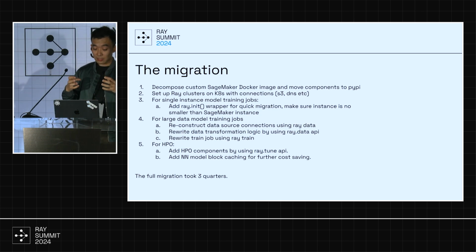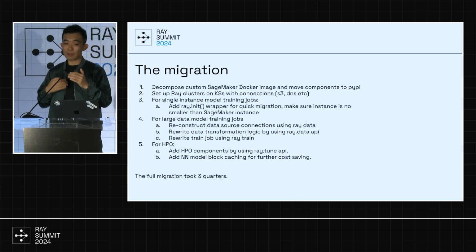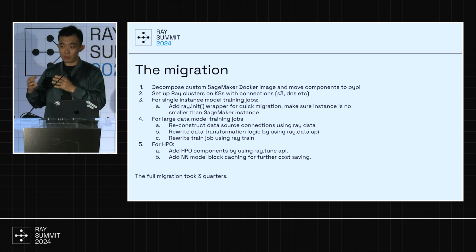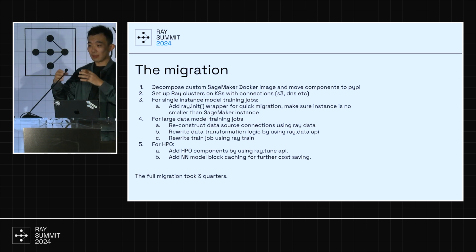For a single instance model training, say you have a job and you just want to reproduce whatever you had before, you just use Ray init or Ray remote and move it into a single Ray task, and then run this task inside of that worker node, right?